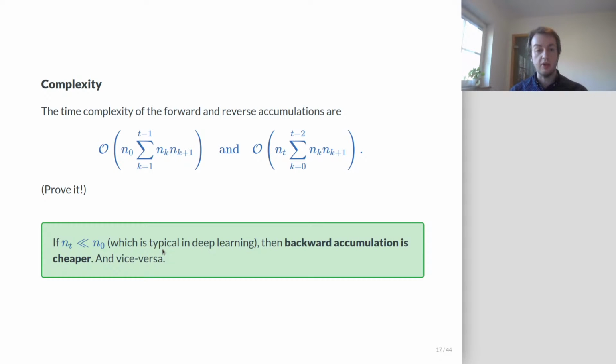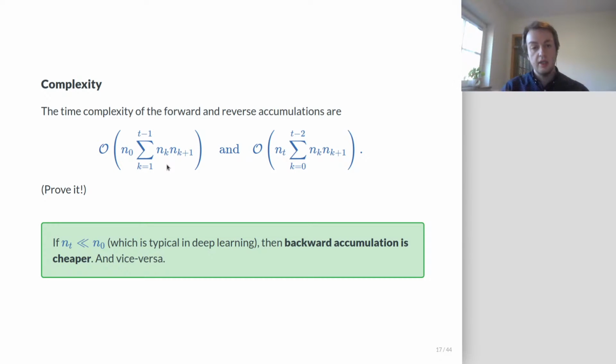So nt for us in most cases will be just 1, right? And so that will be usually much smaller than n0, the dimension of the inputs, right? And in that case, if you go back to our notes, you can quickly understand that this quantity will be usually much smaller than this one.